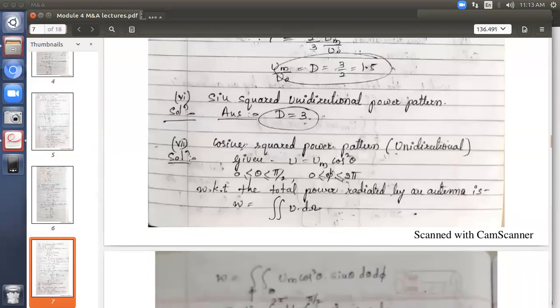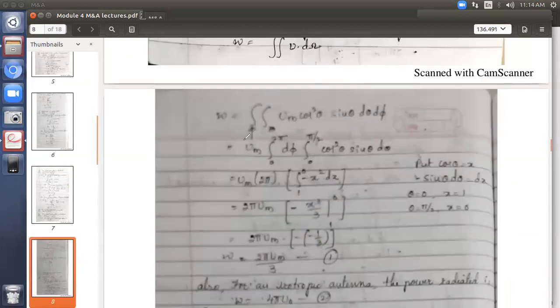Check it. Cosine squared power pattern. So U is equal to Um cos square theta. Unidirectional, so theta range is 0 to pi by 2. Phi range is 0 to 2 pi. So take the equation, first step, find the total radiated power W, which is equal to double integration of U d omega.